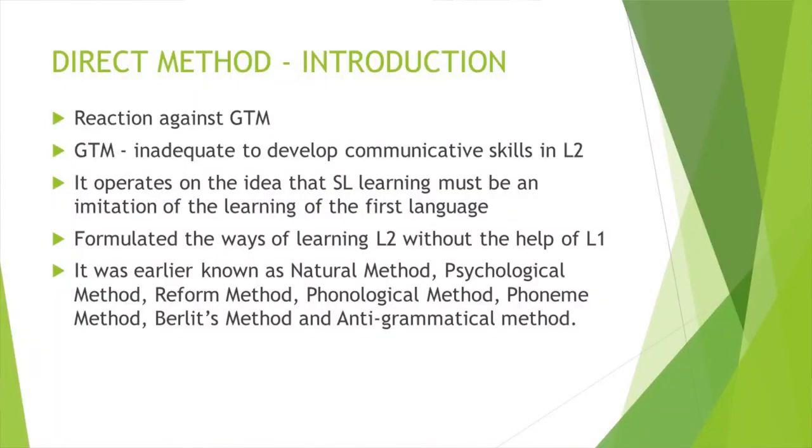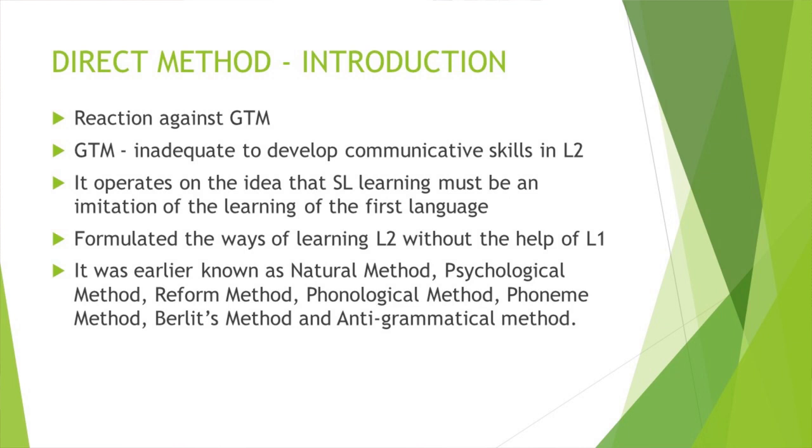Now, direct method is the second method that we are learning. Direct method was a reaction against grammar translation method. You know that grammar translation method was inadequate to develop communicative skills in L2 or English. So direct method operates on the idea that second language learning must be an imitation of the first language.